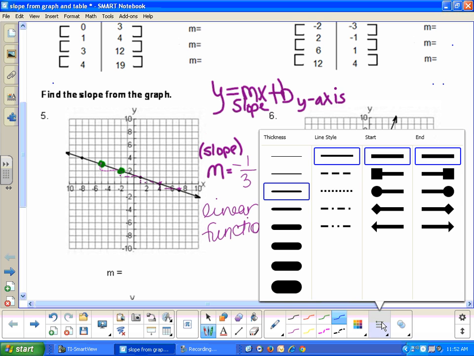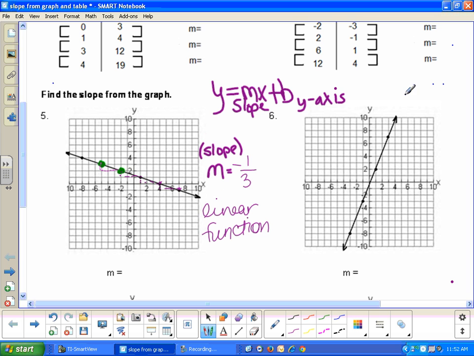And one other thing I want to do with this, I know it doesn't ask you, but I want you to find it. Where does this cross the y-axis? Maybe a little above 1, or 1.5 maybe? You could say 1.25. But the point is, it's between those.